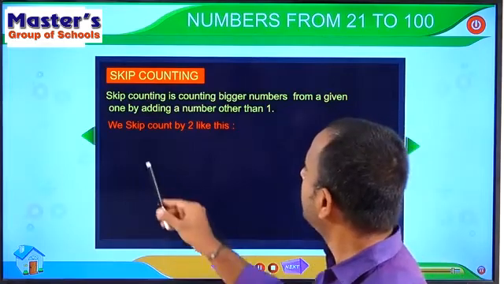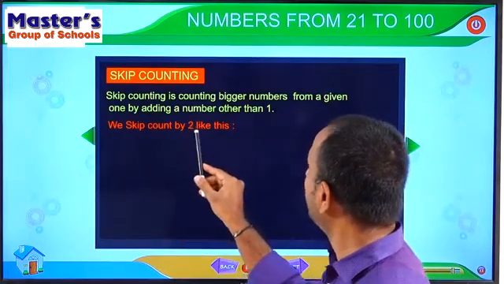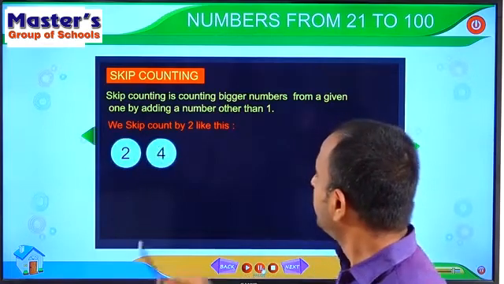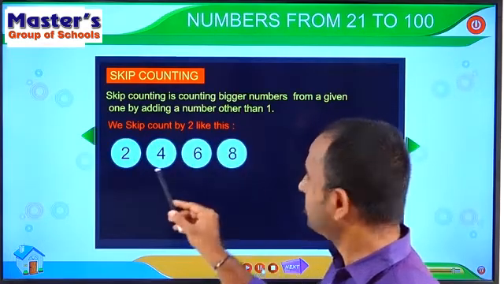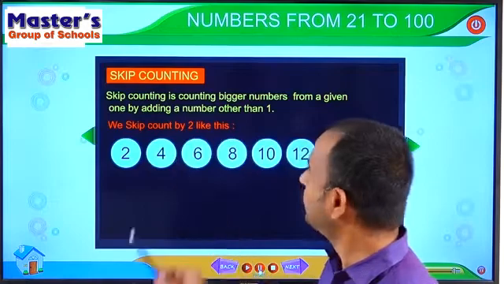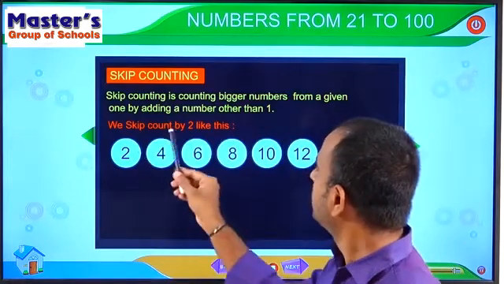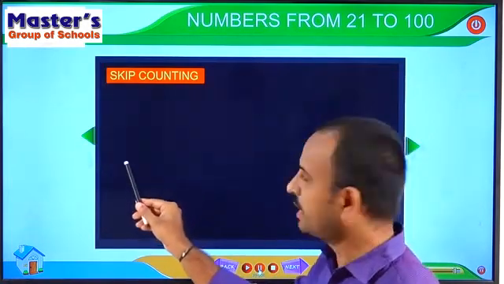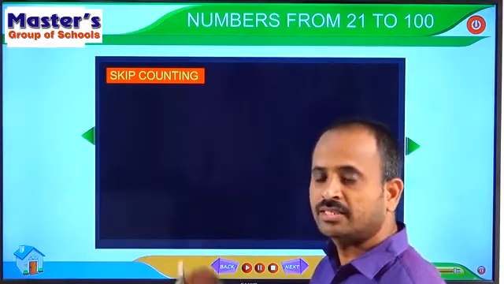So for example, we skip count by 2 like this. Children, see how we can skip count. The first number is 2, the given number is 2, and we just add 2.